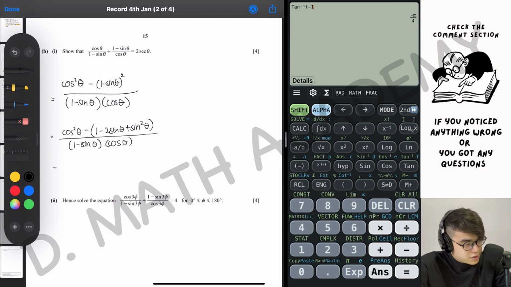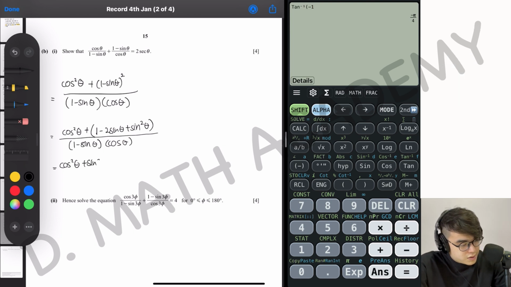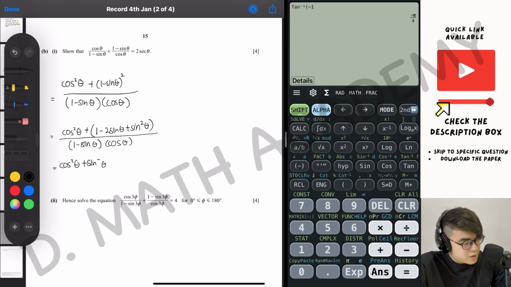Expand it out. So you will have plus sine square theta, and then our 1 plus 1 minus 2 sine theta.